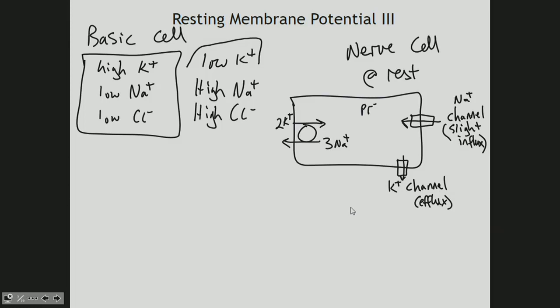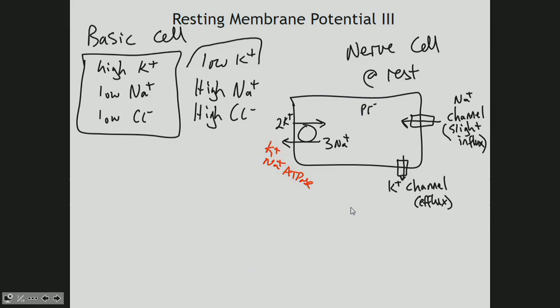If we transition this generic cell to a nerve cell when it's at rest, which is shown here in the upper right, you've got a sodium-potassium ATPase, which is pumping in 2 potassiums, kicking out 3 sodiums.